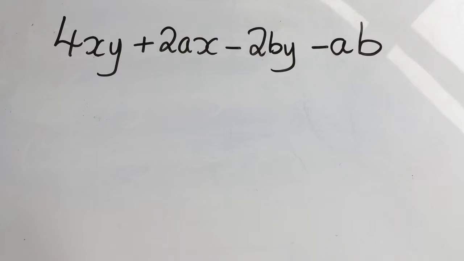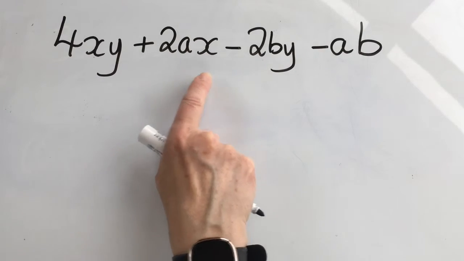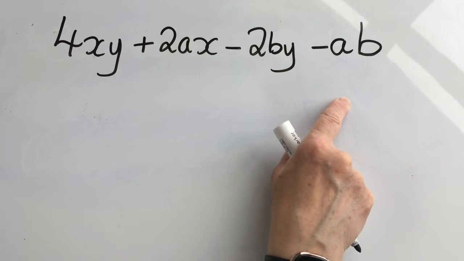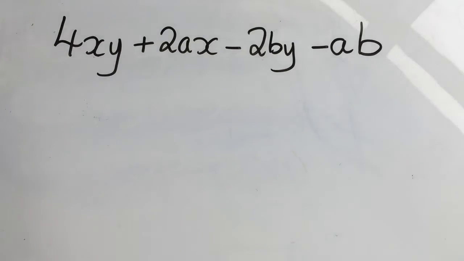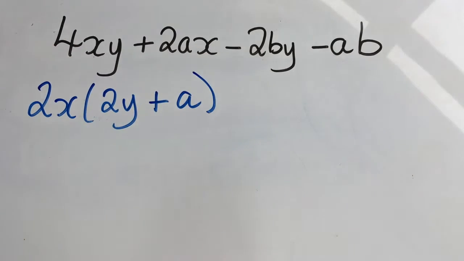The answer is no. Can I group together in pairs to take out a common factor? Well, I can see 2x goes into both of these terms. I'm not quite sure over here. It looks like b will come out. Write down the second bracket the same as the first bracket.